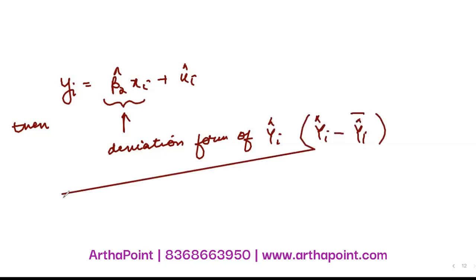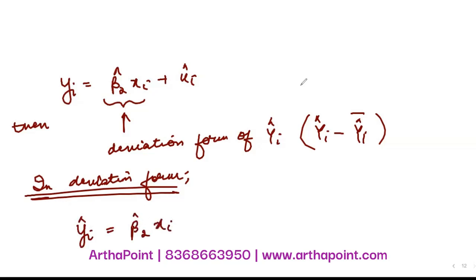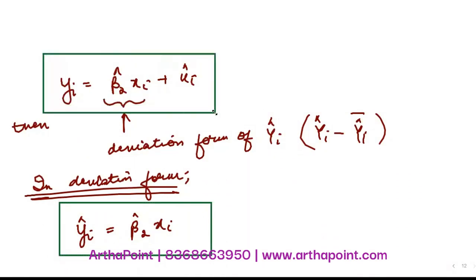So I can also write that in deviation form. If I talk about the regression line, because on line there is no error, I have small yi hat is equal to beta 2 hat xi, right? So this is my deviation form of yi hat, and this is my deviation form of yi. This is the fourth property of regression line.